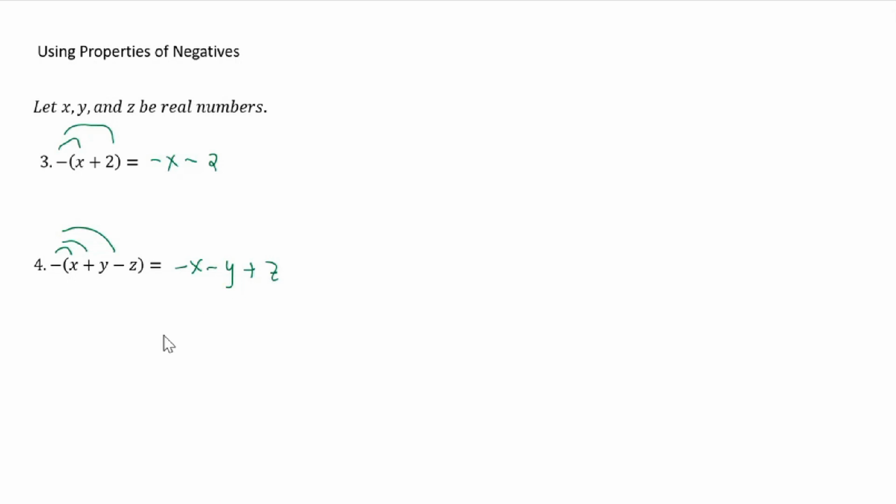So in other words, class, as a shortcut, if you're multiplying negative to the quantity, we just change the sign. From x plus y minus z, the product now becomes negative x, negative y plus z. Or you can write your answer as z minus x minus y. But whichever is your answer, they are all accepted.